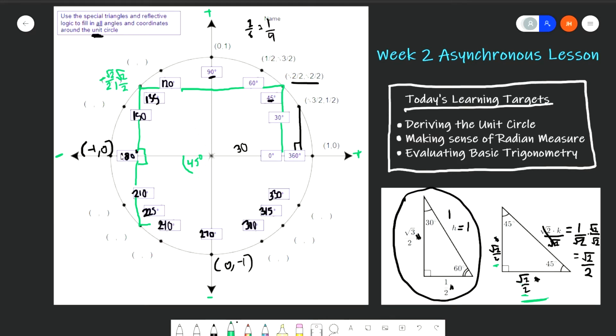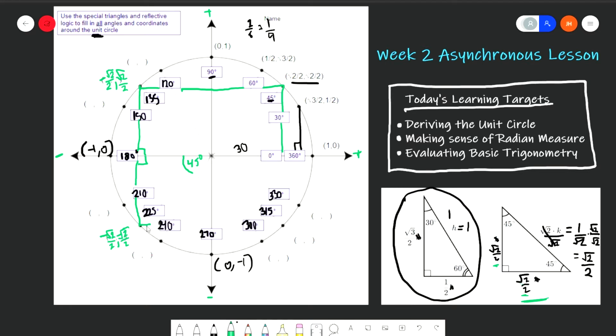So interestingly enough, we can understand this coordinate as the same as my 45, 45, 90 triangle, except notice that its x coordinate is negative and its y coordinate is negative. So this guy is going to be negative square root 2 over 2, comma, negative square root 2 over 2.